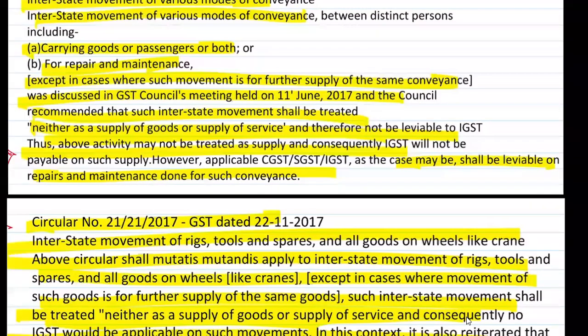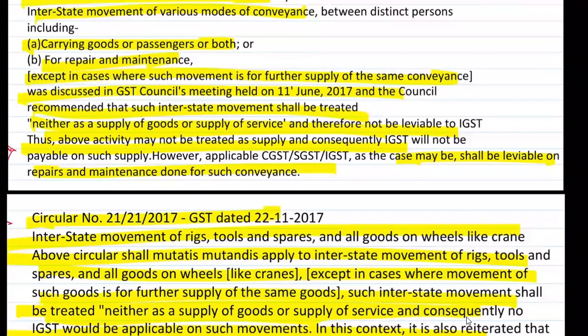If the interstate movement has been there for further supply, then it will be treated as supply and GST will be levied. But if it is not for further supply, and it has gone only for repair and maintenance, and they are coming back once it is done, it will not be treated as supply.